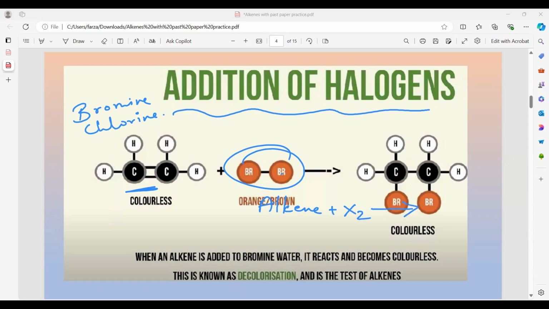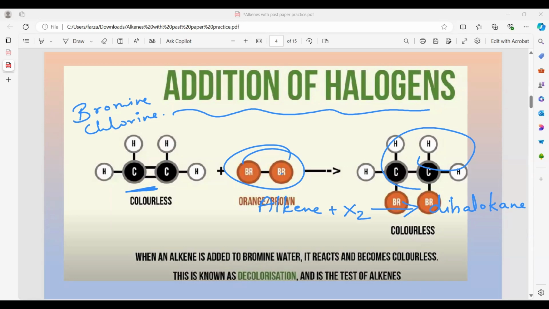So what is formed in the process? A dihaloalkane is formed. In this case, it is 1,2-dibromoethane, because there are two bromine atoms in the molecule, and ethane represents the main carbon chain. Two carbon atoms are there, so it is eth. So ethene.